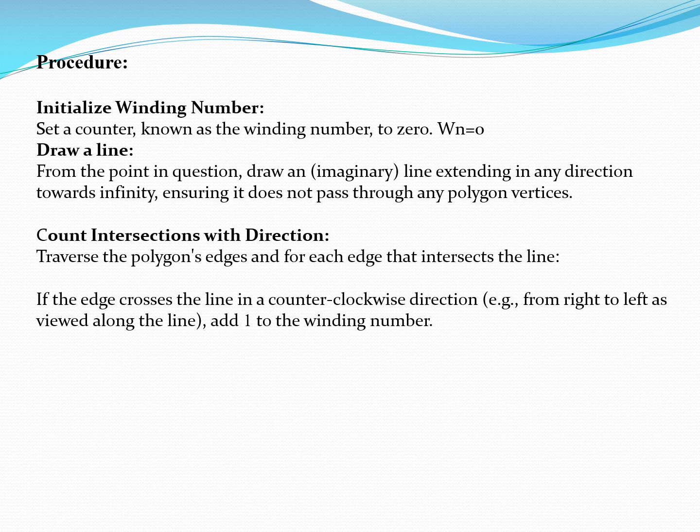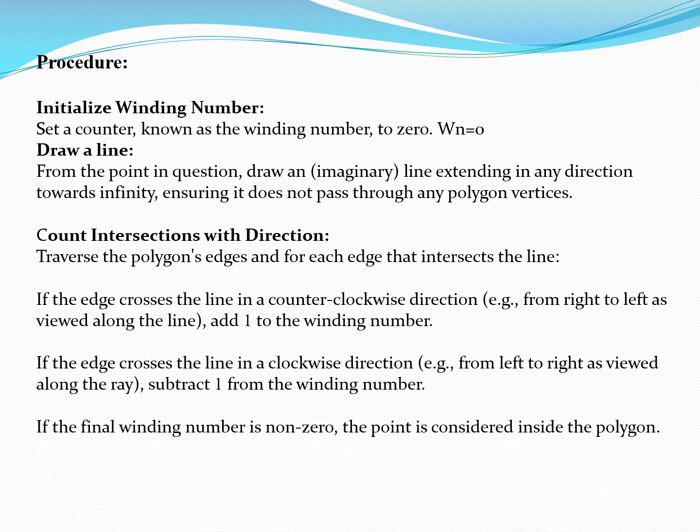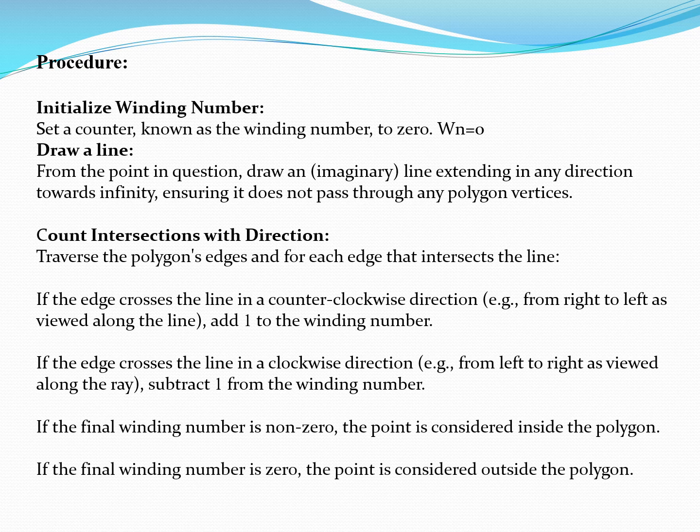If the edge crosses the line in a clockwise direction, from left to right as viewed along the ray or line, subtract 1 from the winding number. So if the final winding number is non-zero, then the point is considered inside, else it is outside the polygon.